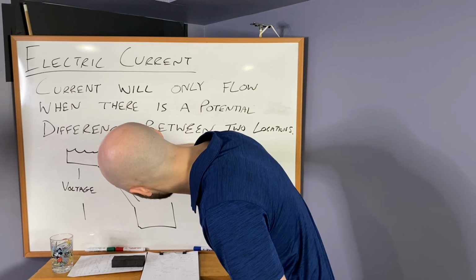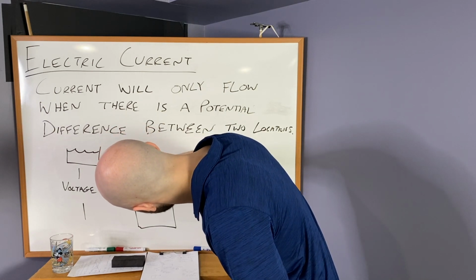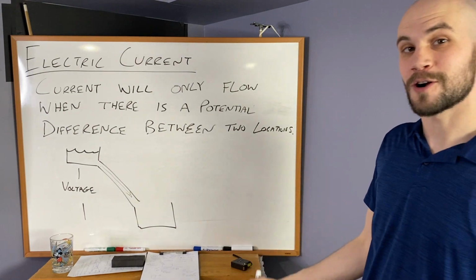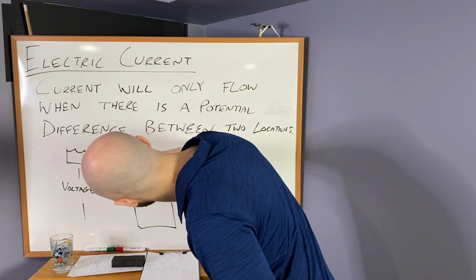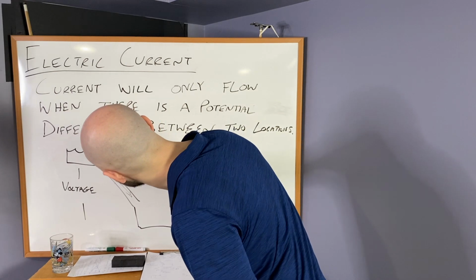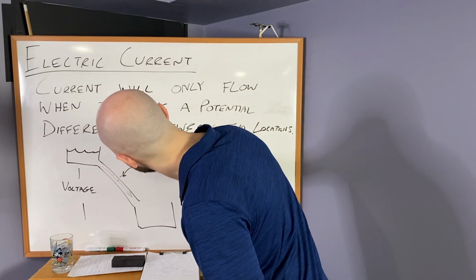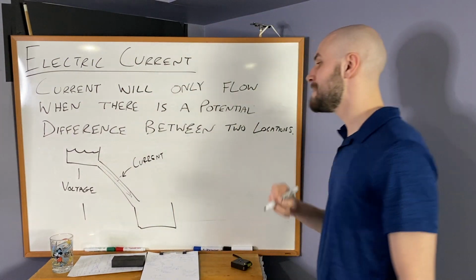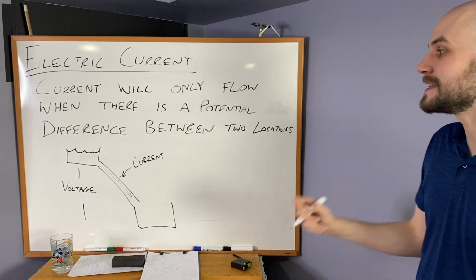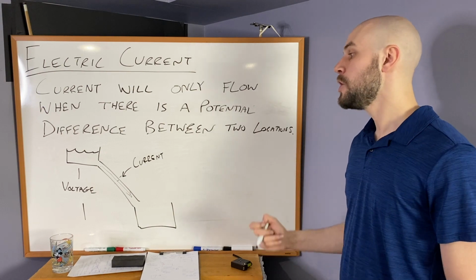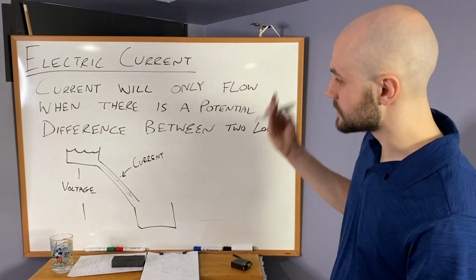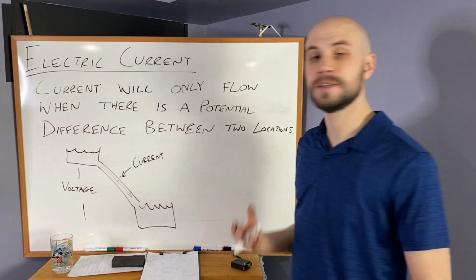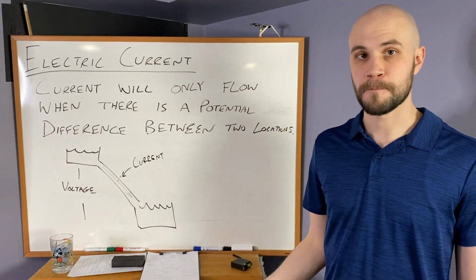But if we actually watch to see how much water is flowing, how many buckets of charge is flowing past the point where we're counting it, that's what our current is. So the amount of charge that is flowing in a given amount of time is our current, where the voltage is the potential difference, the difference in height between these two locations. If there's no voltage, there's no reason for current to flow.